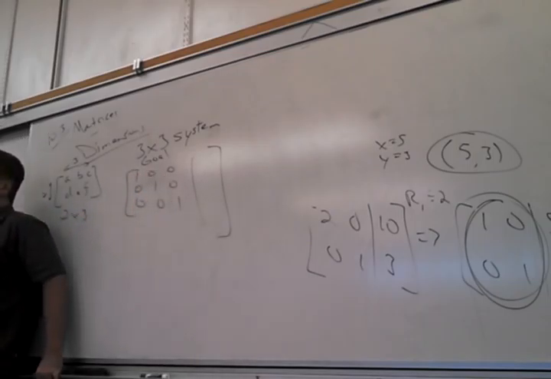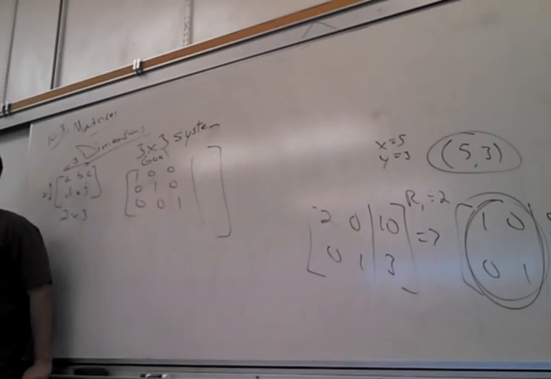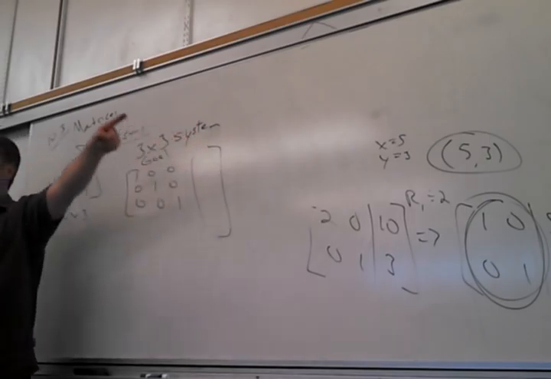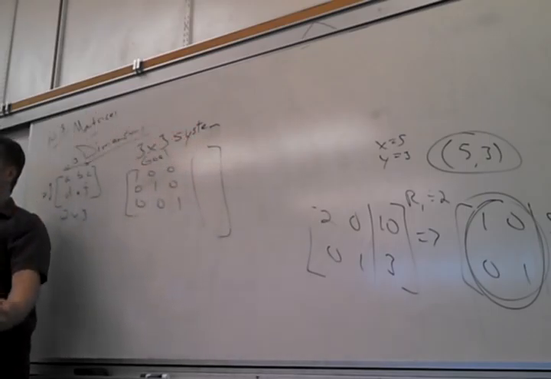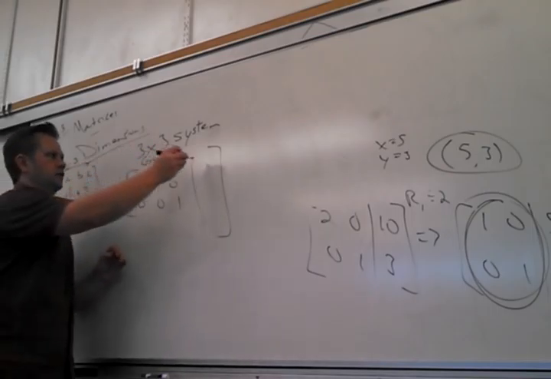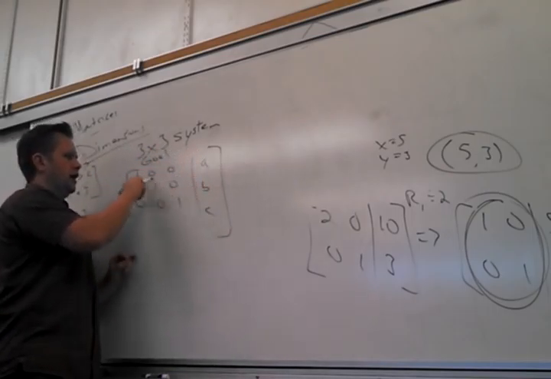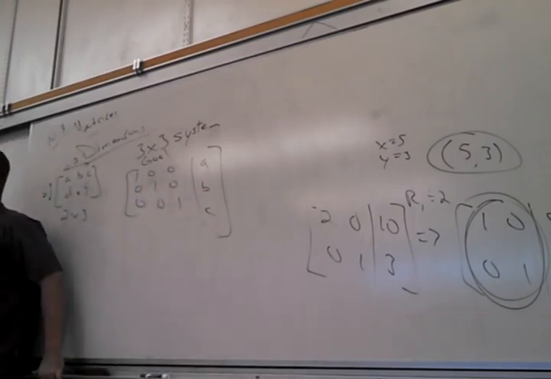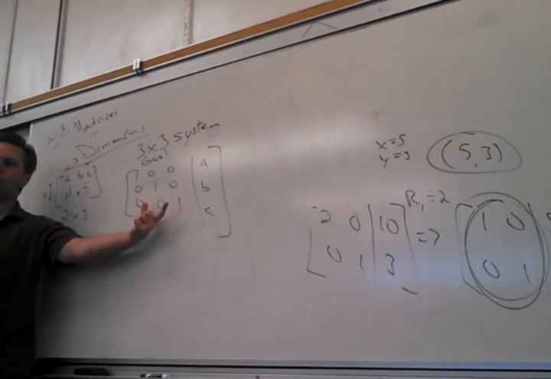Ones. Good. So just diagonal ones, right? What's my goal in a 70-dimensional system? Yeah, good. So the diagonal is ones. I love it, because you're killing all the other variables. And then if this is A, B, C, then X would be A, Y would be B, Z would be C. I like it. So that's my goal.